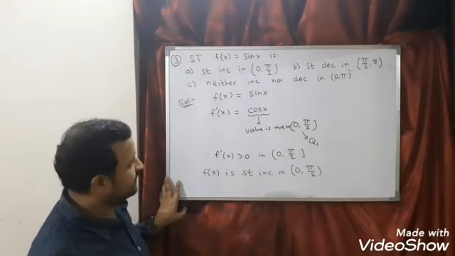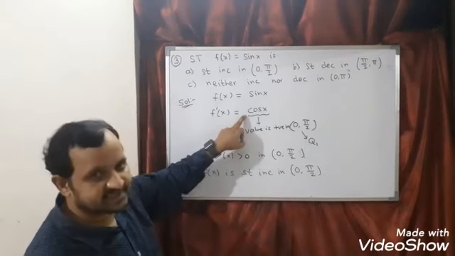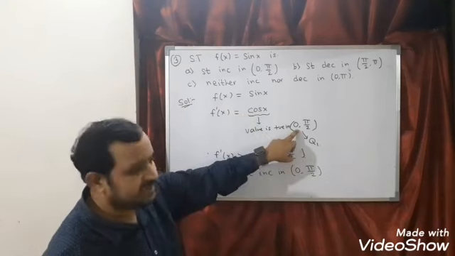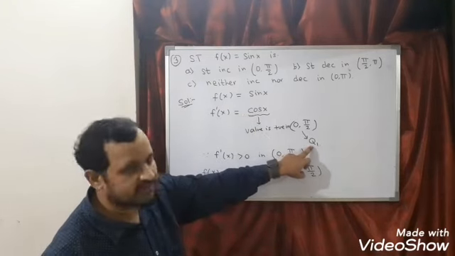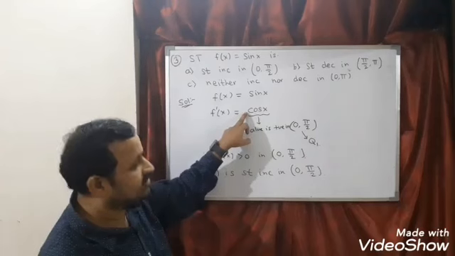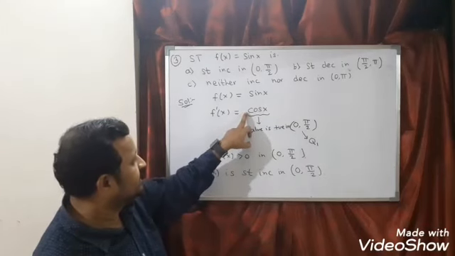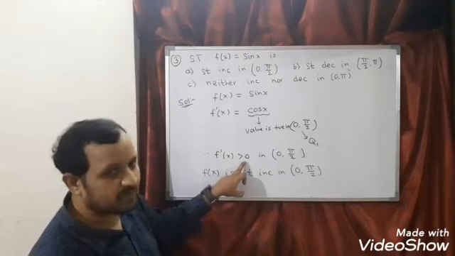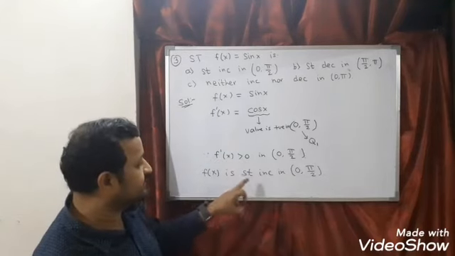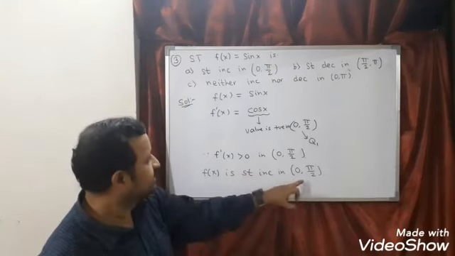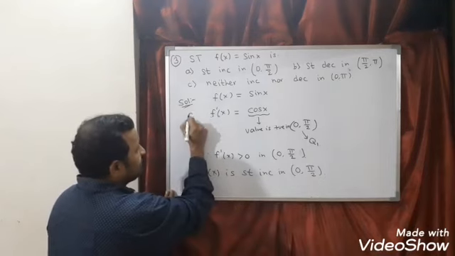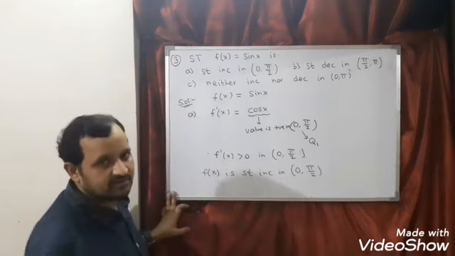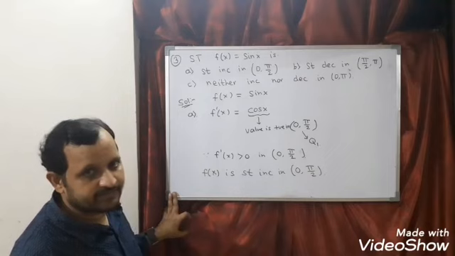I think it is clear. Look here, f dash x is cos x. This interval belongs to quadrant 1. In quadrant 1, cos x value is positive, implies f dash x is positive. F dash x is positive means f of x is strictly increasing in 0 comma pi by 2. So this is the answer of first bit.